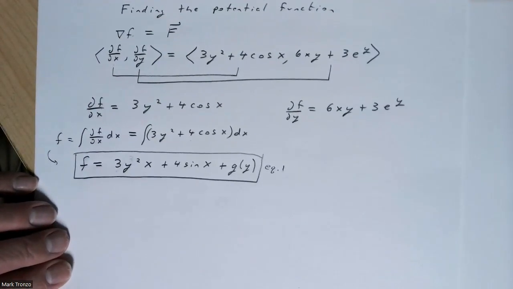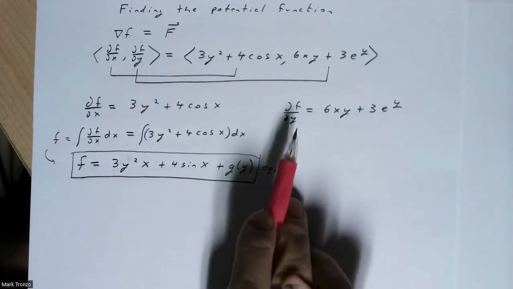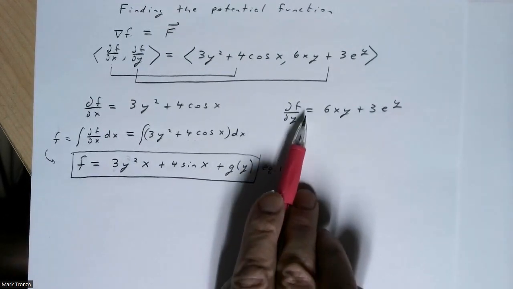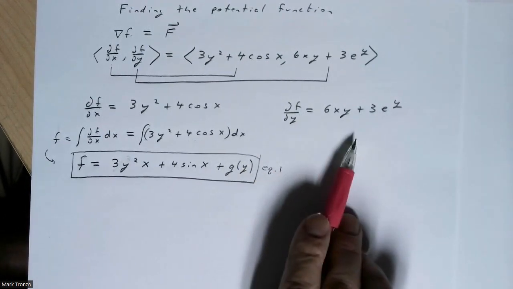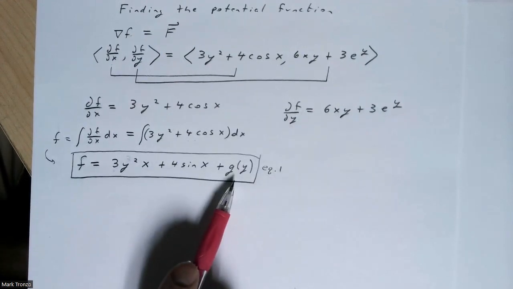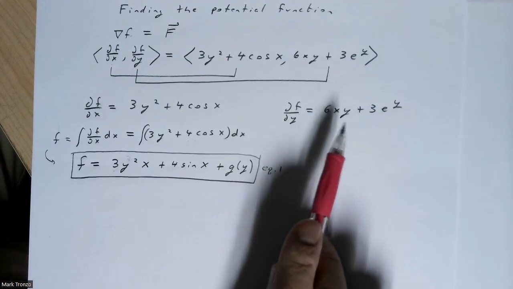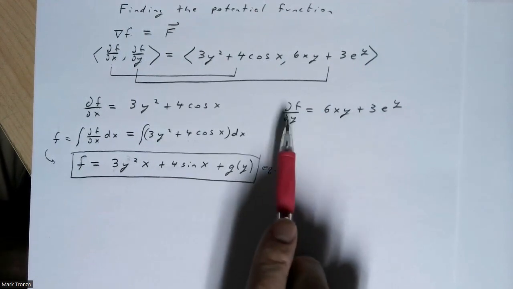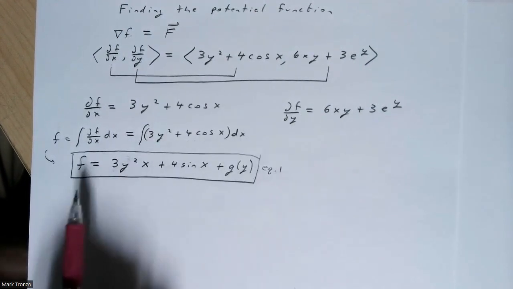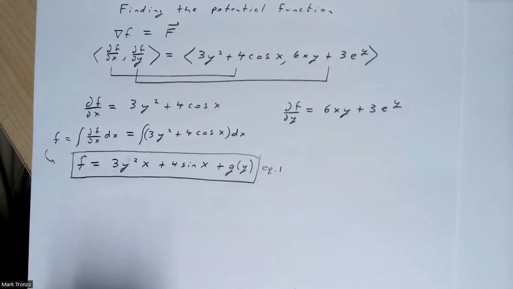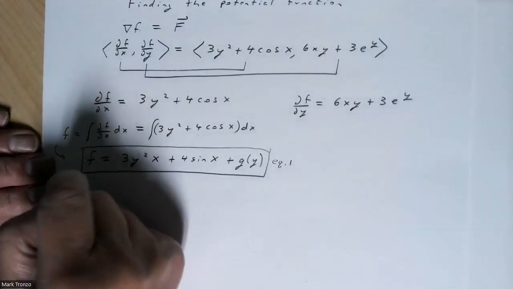So now we want to use this information over here. We have df/dy over here. We know what that is. So we can probably find out what our g(y) here is if we can somehow use this information. So this is df/dy. Let's take the derivative of this with respect to y.